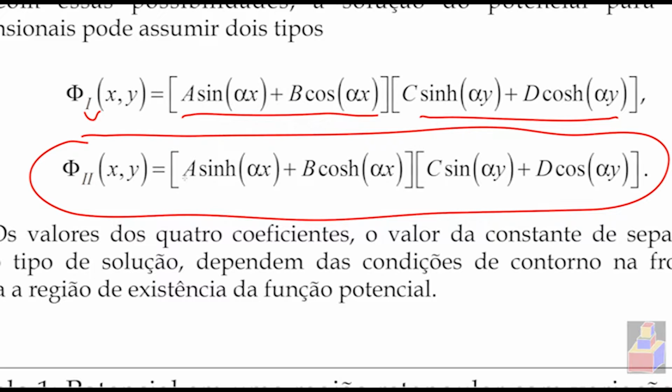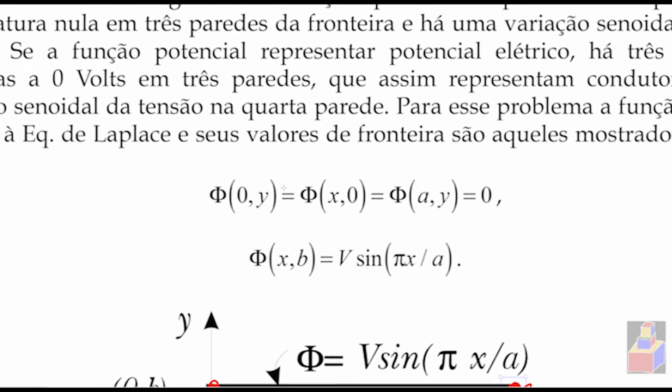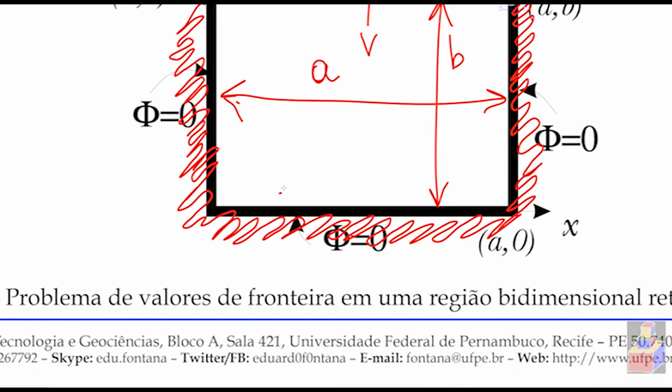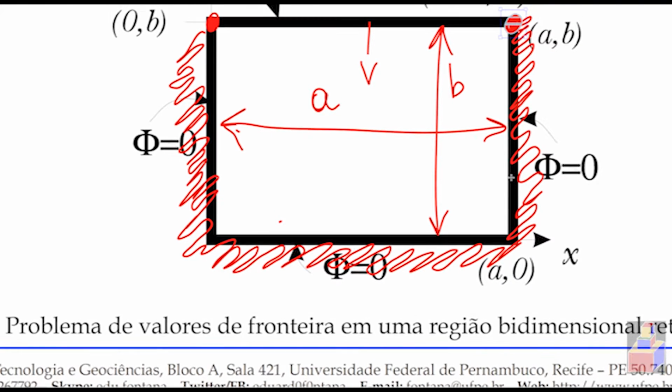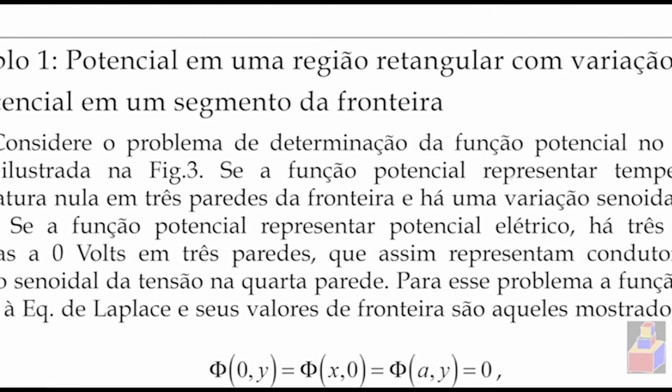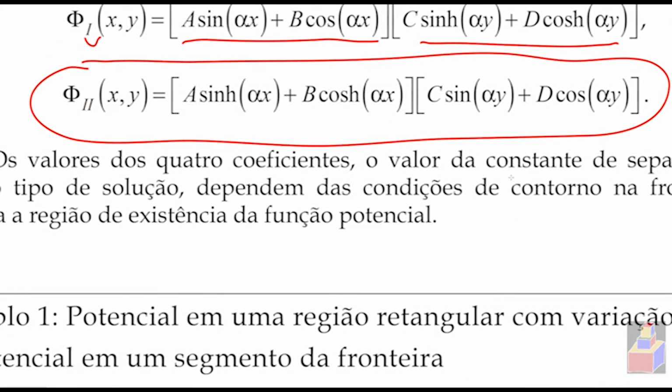I could probably conveniently combine those two functions and find more than one root for this problem. But in general, when you have, as a function of x, a potential that repeatedly goes to 0, like this, at x equals 0 and again at x equals a, if you try to use the type 2 solution, it doesn't work. It cannot satisfy all the 4 boundary conditions.